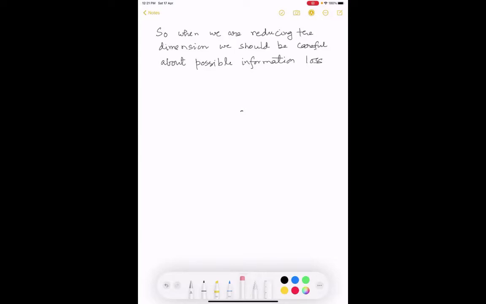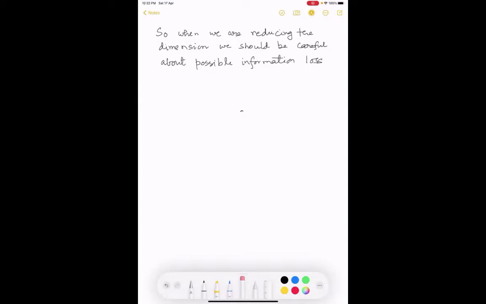So when we are reducing dimension, it could be done in two different ways. One is from the perspective of sample size. The standard convention is that we denote sample size with n and the number of variables with p. So it could be both. At a later stage, we will see that we have to do this dimension reduction.